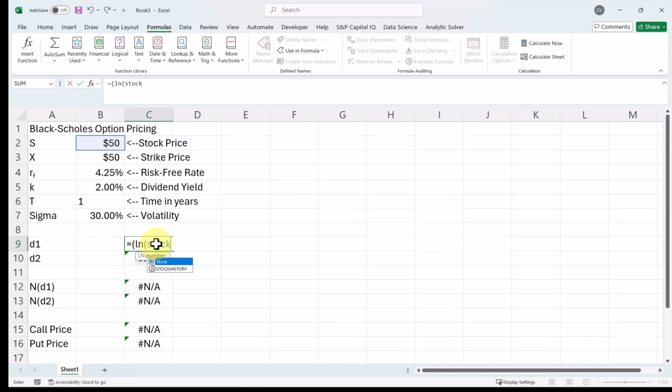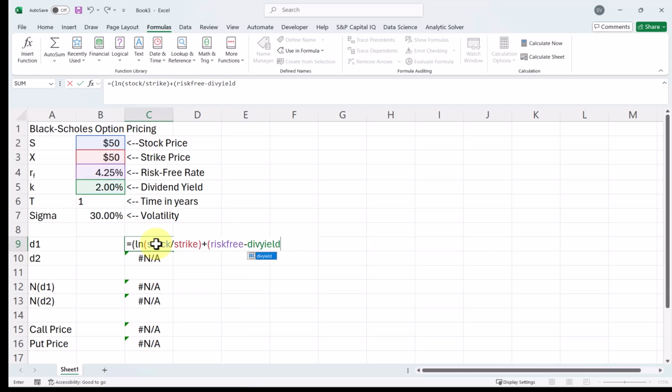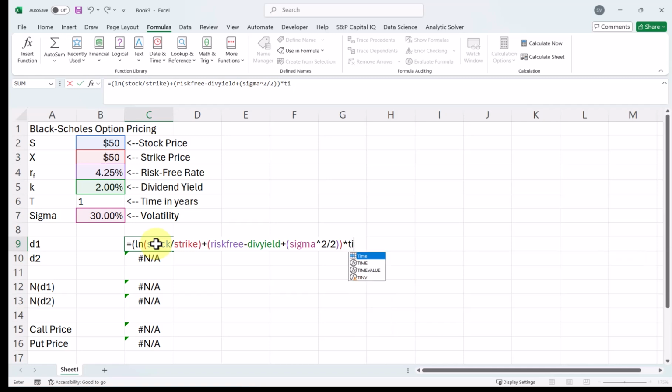So we're going to put in stock divided by strike, close parentheses, plus open parentheses, our risk-free rate minus our dividend yield, plus open parentheses, sigma, and then the up caret, so this is shift and then the number 6, the 2 to square that, and then we're going to divide that by 2, close parentheses again, and then multiply that by time. So that's our numerator for D1.